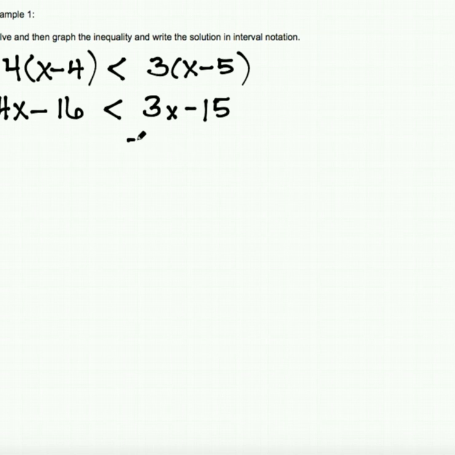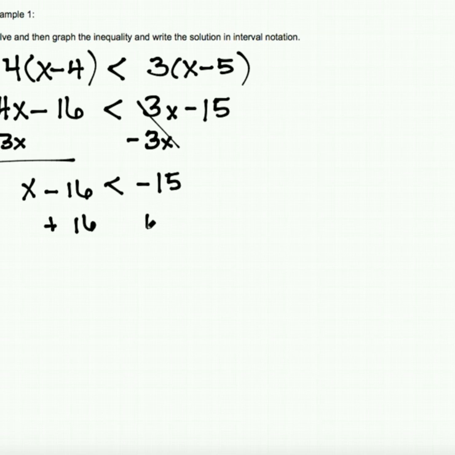So I'm going to move this 3x to the left-hand side by subtracting it from both sides. That gives me x minus 16 is less than negative 15. Those cancel out. Again, trying to isolate the x, I'm going to add 16 to both sides, and I have x is less than negative 15 plus 16, which is 1.